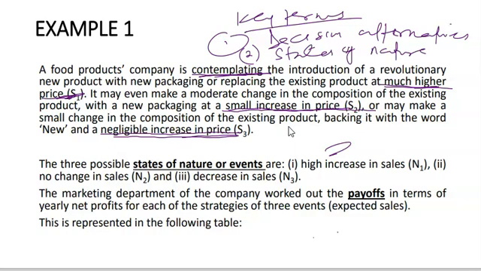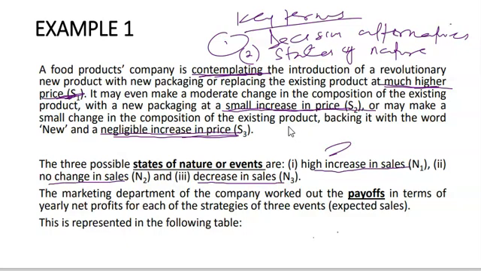Now, what are the states of nature here? We have the three possible states of nature or events: high increase in sales, N1; no change in sales, N2; and the third one, decrease in sales, N3.